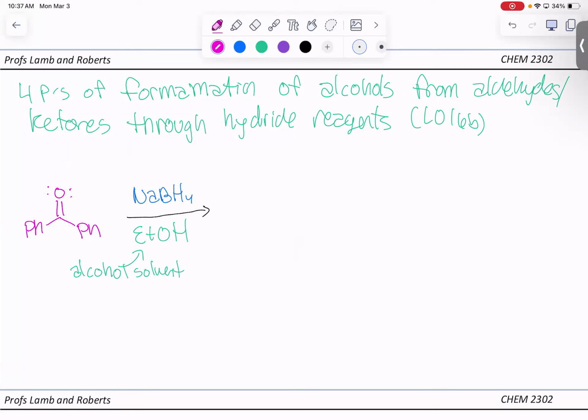All right, and then we know about the electrophilic and nucleophilic site here, all right? And we know that the electrophilic site is the 2 position, the carbonyl carbon, and we know that our hydride is coming from our sodium borohydride reagent.